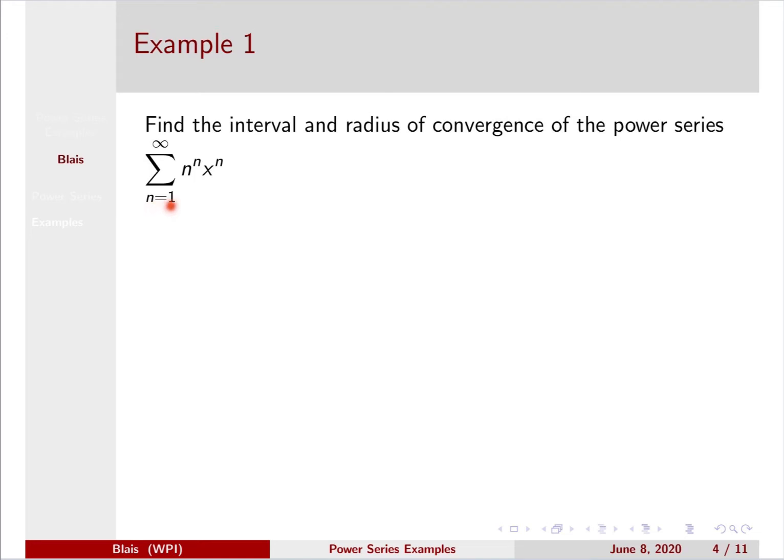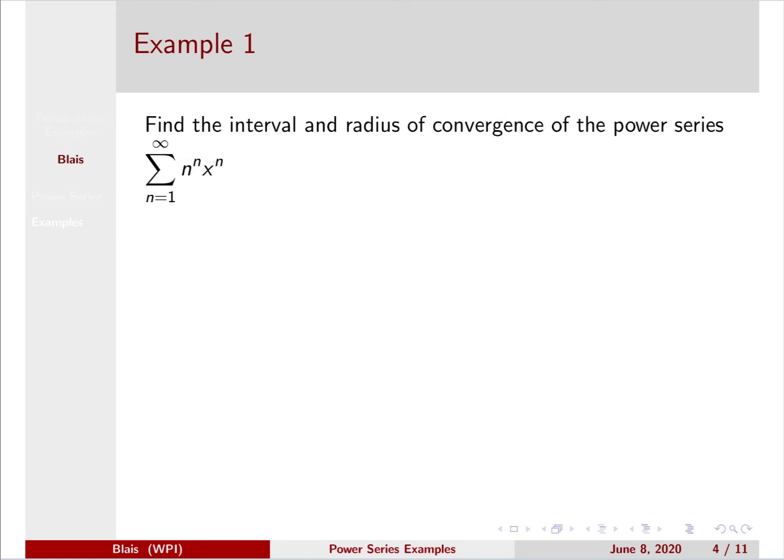First, we have the sum, n goes from 1 to infinity, of n to the n times x to the n. It always helps to think about what we expect a series to do before we jump into the computation.